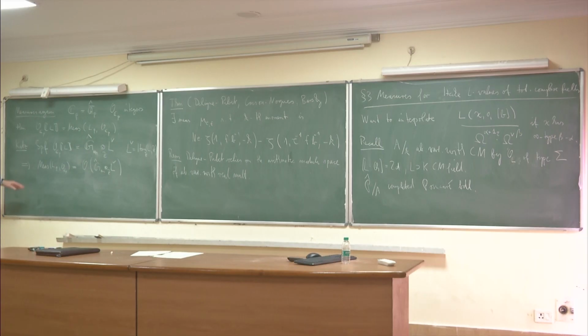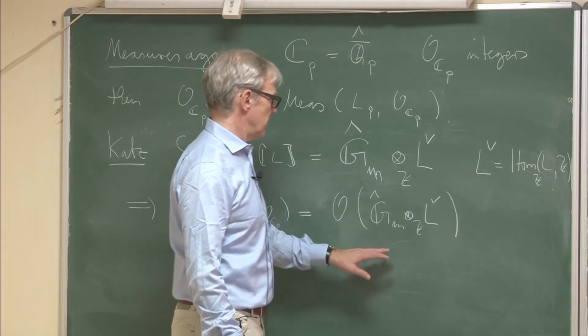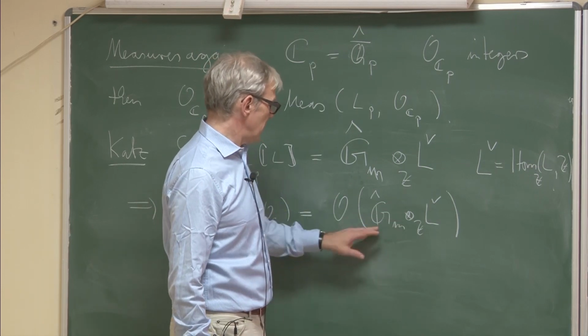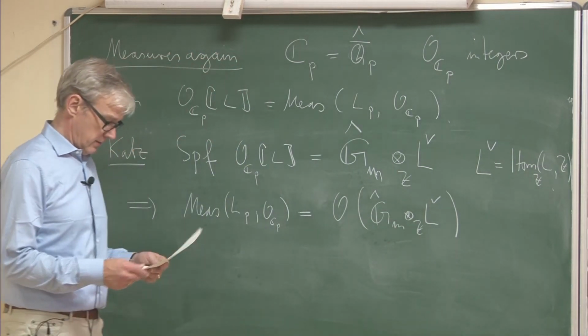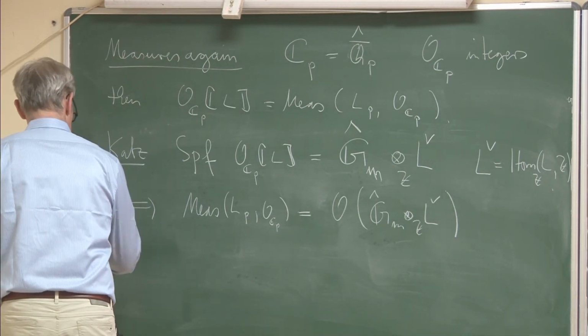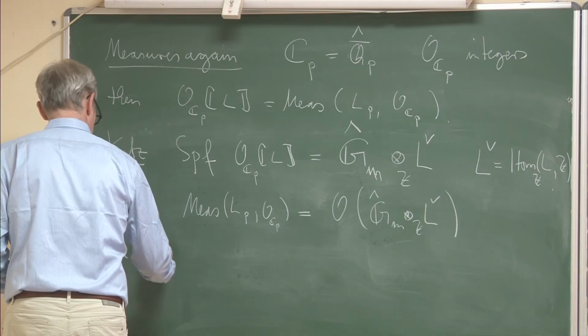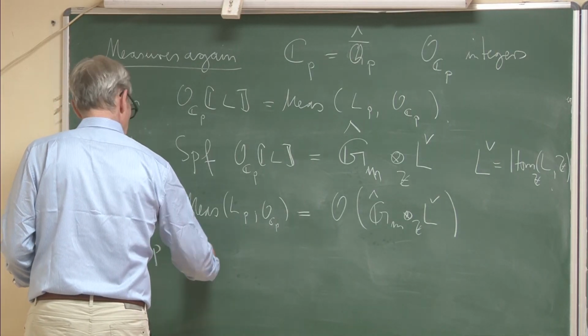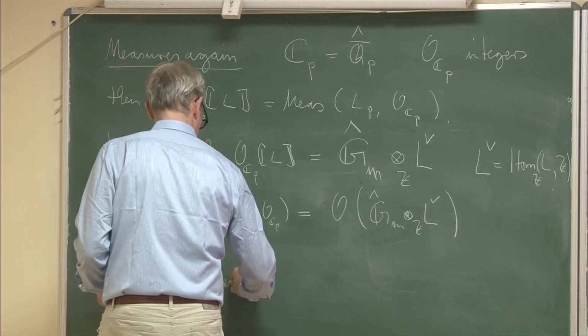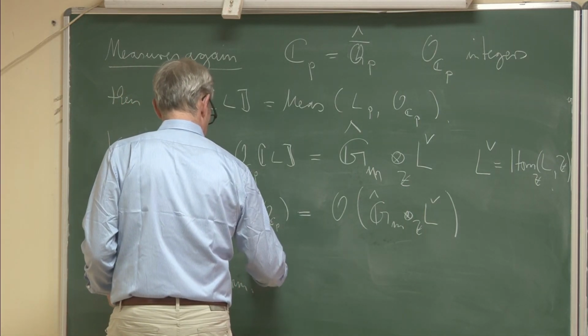So now the idea, once you see this, is of course, can we cook up with the class we had yesterday a function here? And that's indeed the case. So fix now a prime p, which does not divide the discriminant, p a prime number.